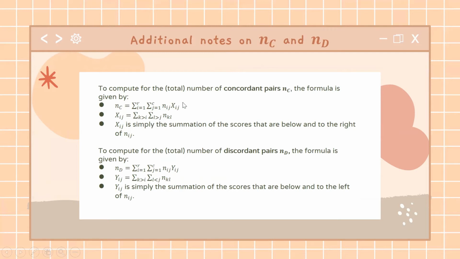So when you further analyze this formula, makikita nyo na x sub ij is simply the summation of the scores that are below and to the right of n sub ij.